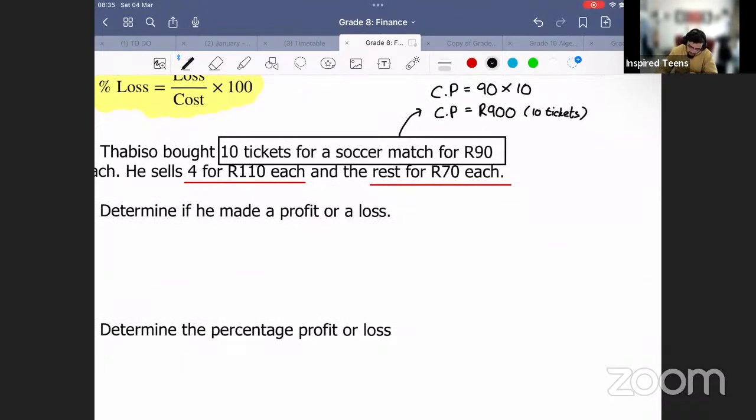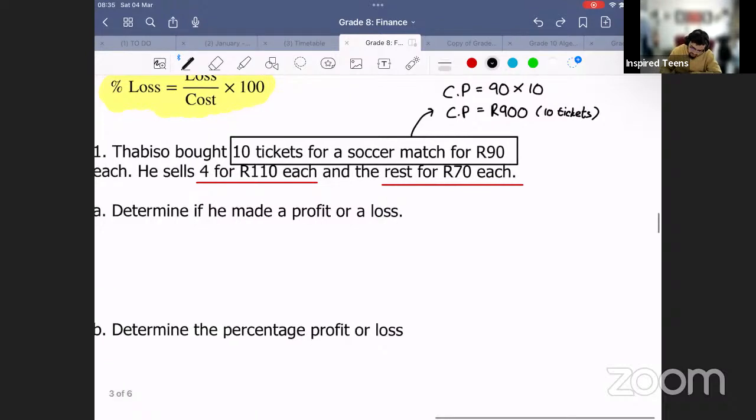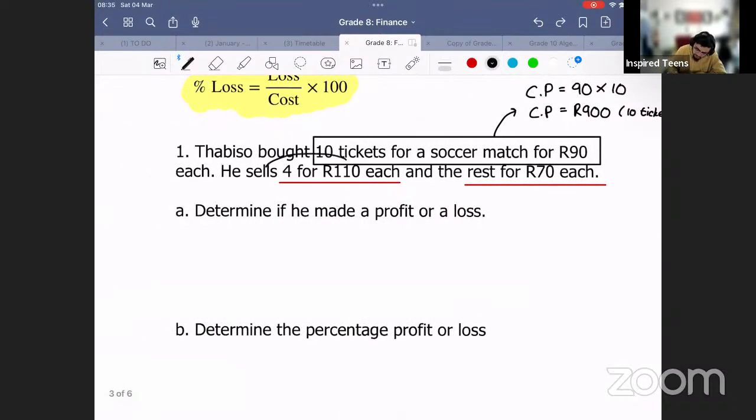Now, let's calculate what he made by selling them. So firstly, he sells 4 of them for 110 rand. So for selling price, he sells 4 of them for 110 rand. 4 times 110 gives me 440 rand.